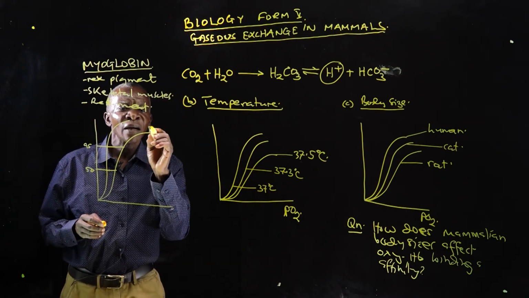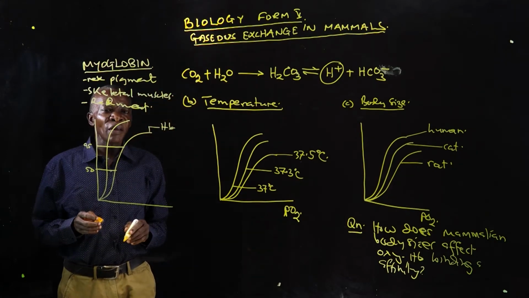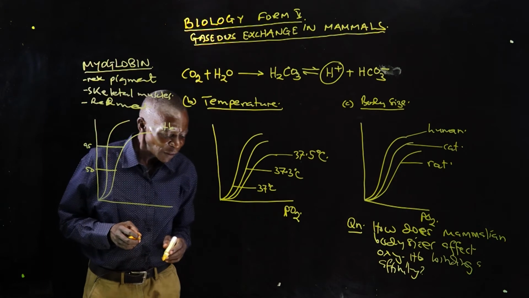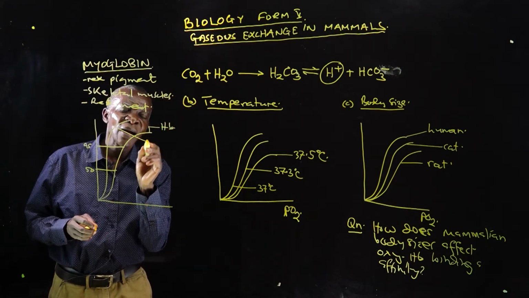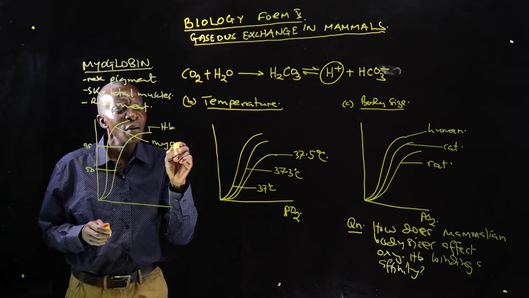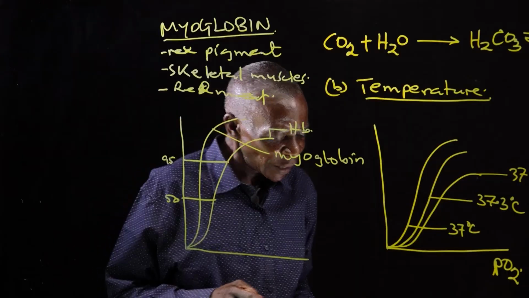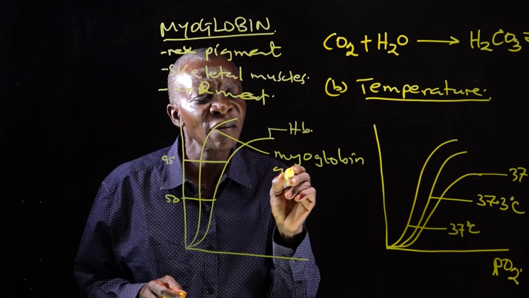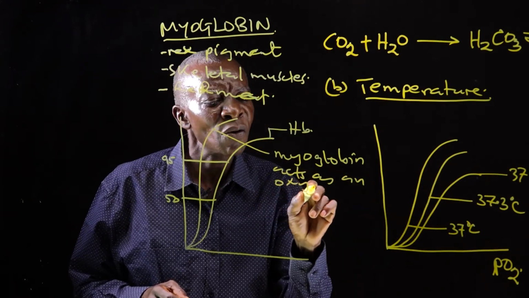This one here is an oxygen dissociation curve for hemoglobin. And here we have the oxygen dissociation curve for myoglobin, which normally acts as an oxygen store.